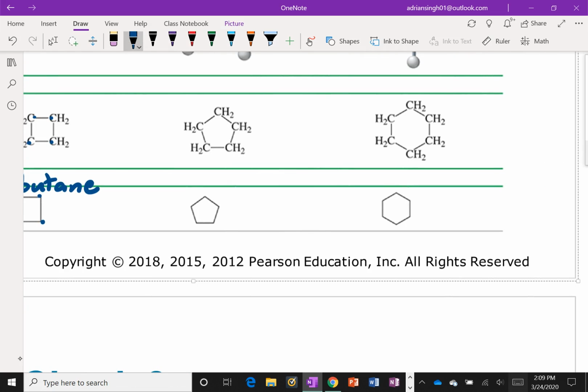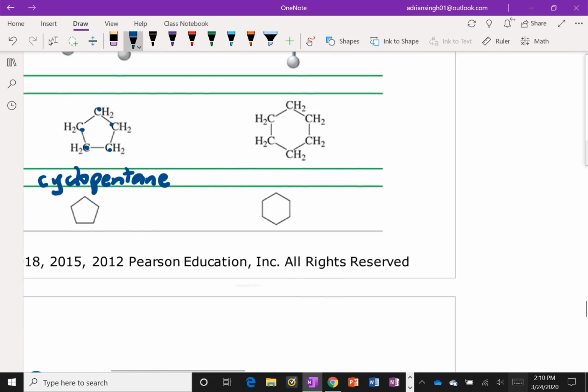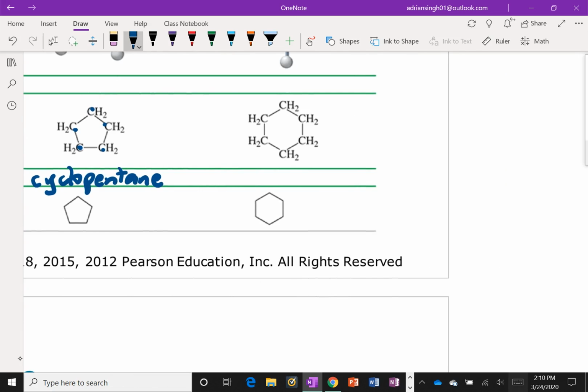Continue that. So again, we have a ring structure here. This would be cyclo. We have 1, 2, 3, 4, 5. So that's pent. All single bonds, cyclopentane. And here again, we have a ring structure with 1, 2, 3, 4, 5, 6. So that would be cyclohex. All single bonds, cyclohexane.